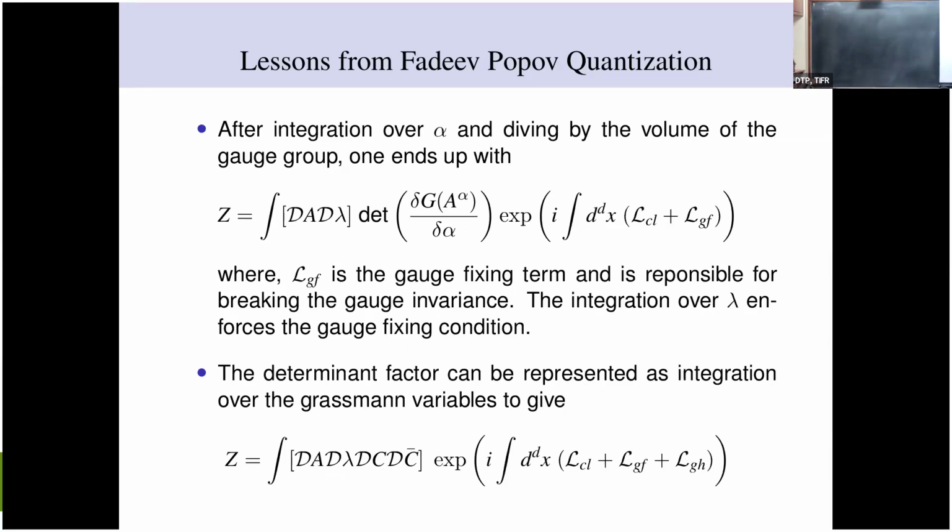You insert this in the path integral, integrate over alpha, divide by the volume of the gauge group, and you end up with this expression. Here L_GF is the gauge fixing term, responsible for breaking the gauge invariance, and the integration over lambda enforces the gauge fixing condition. The determinant factor we can represent as an integration over Grassmann variables to have this form. This is your final answer.